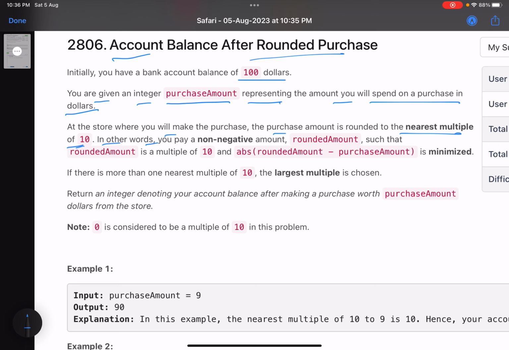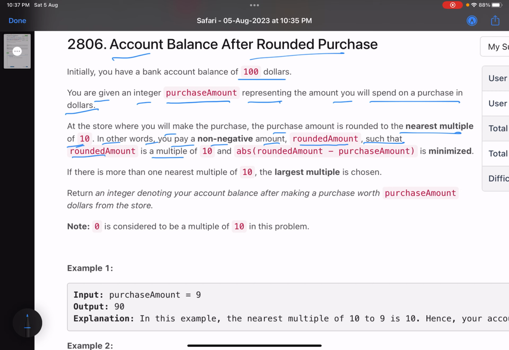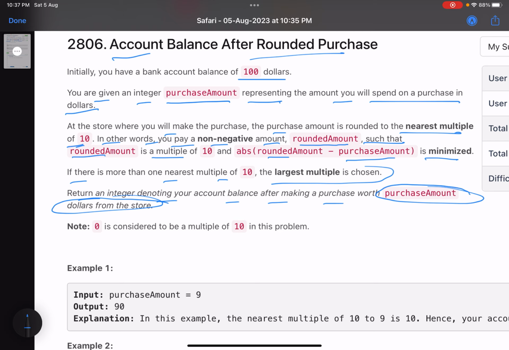In other words, you pay a non-negative rounded amount such that rounded amount is a multiple of 10 and the absolute difference of rounded amount minus purchase amount is minimized. I'll tell you that, don't worry. If there is more than one nearest multiple of 10, the largest multiple is chosen. Return an integer denoting your account balance after making a purchase worth purchase amount dollars from the store. Note, 0 is considered to be a multiple of 10.